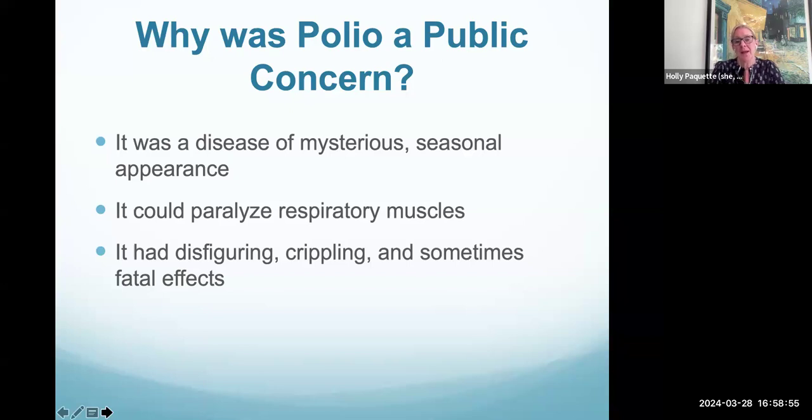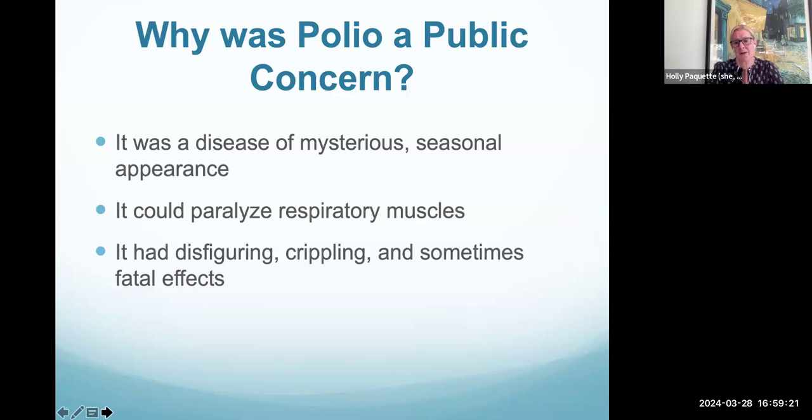It also had this horrifying symptom in a small percentage, but a large enough number of patients, that it could paralyze the respiratory muscles, which meant people who had the part that paralyzed their respiratory muscles, if they didn't get some sort of treatment, which we'll talk about, they would die because they would not be able to do inhalation and exhalation.